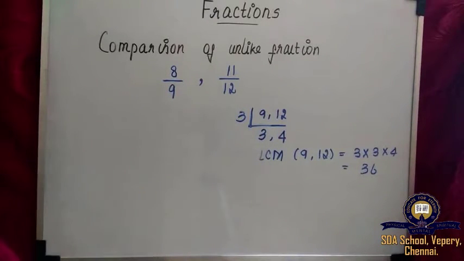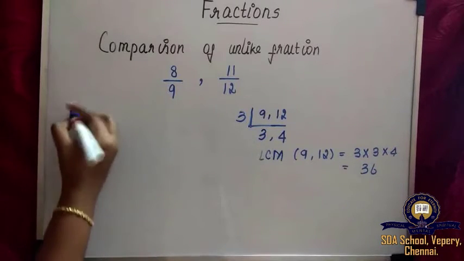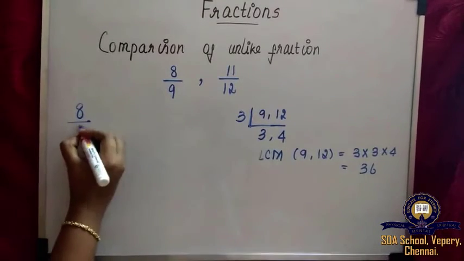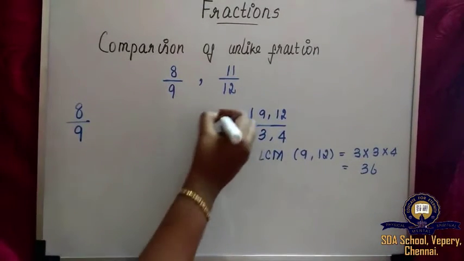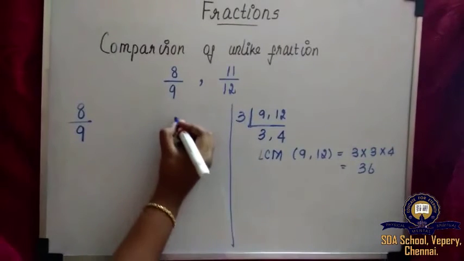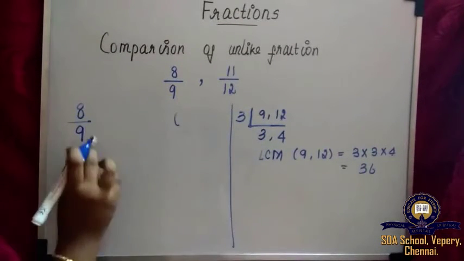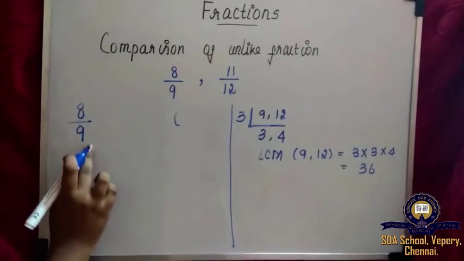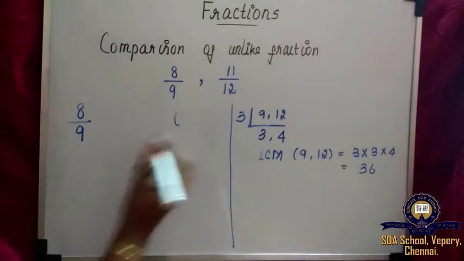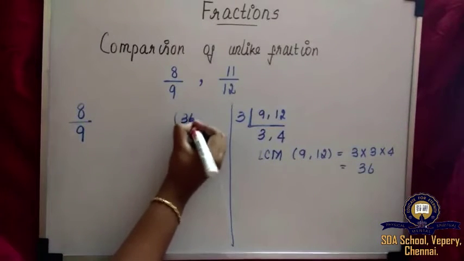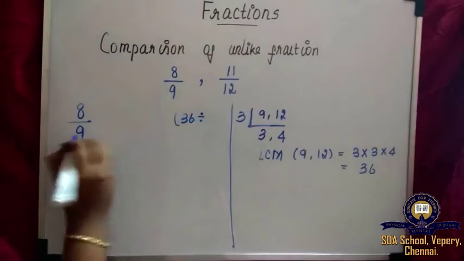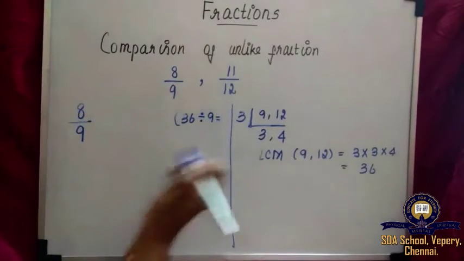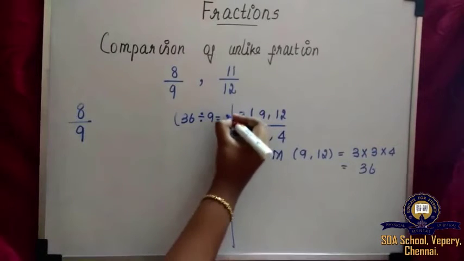So next we have to multiply the numerator and denominator of each fraction by LCM divided by denominator. So let us take the first fraction, 8 by 9. So we have to multiply by LCM divided by the denominator. So the LCM 36 divided by the denominator 9 is equal to 4.